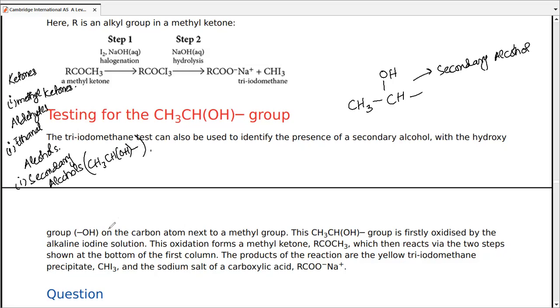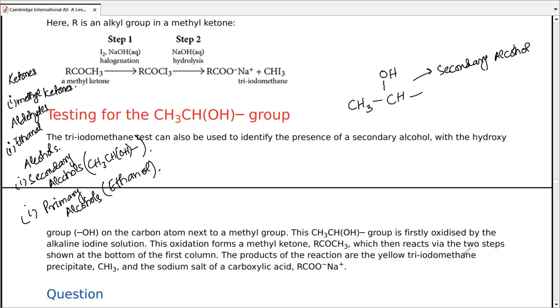They are going to give this test positive. Apart from that, among primary alcohols, only ethanol is capable of giving this test positive.